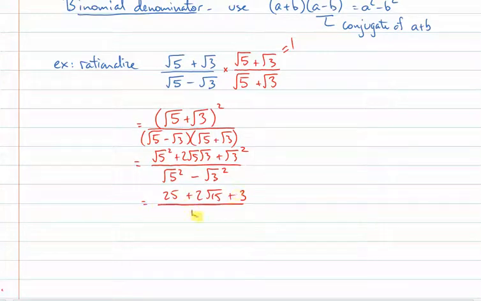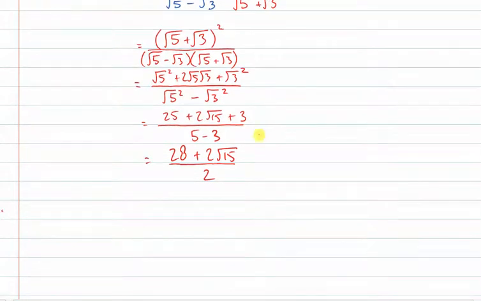And on the denominator, I've got 5 minus 3. All right, the 5 and the 3 combine to make 8 plus 2 root 15, and the denominator is 2. Almost done. It's now rationalized, so that's good. No more radicals. But now I just have to do some tidying up and simplifying.